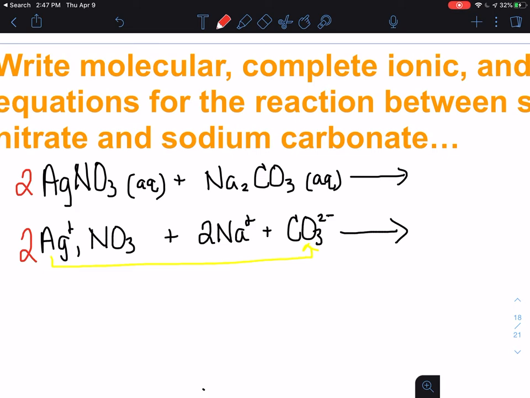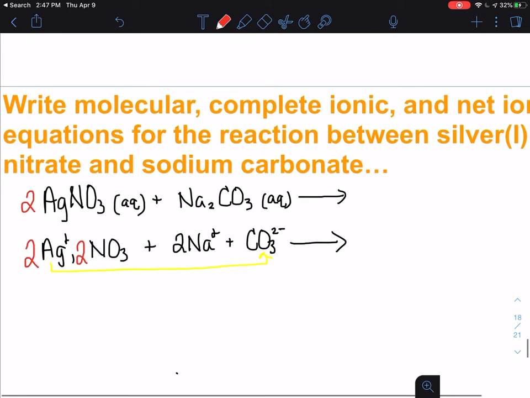And since I put a 2 up here, that means there are 2 nitrates, so I'm going to have to put a 2 right here. This is why I start the complete ionic first without finishing the molecular, because this allows me to balance much, much easier.